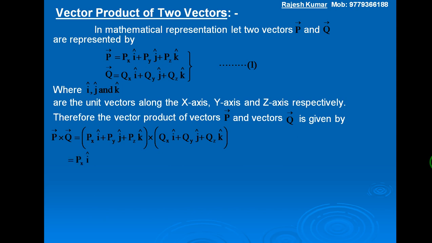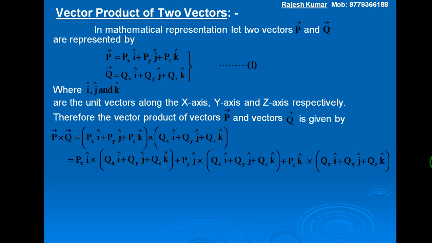So this will become equal to Px i cap cross (Qx i cap plus Qy j cap plus Qz k cap) plus Py j cap cross (Qx i cap plus Qy j cap plus Qz k cap) plus Pz k cap cross (Qx i cap plus Qy j cap plus Qz k cap).